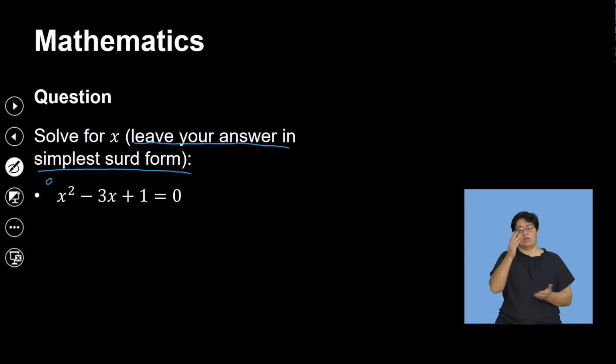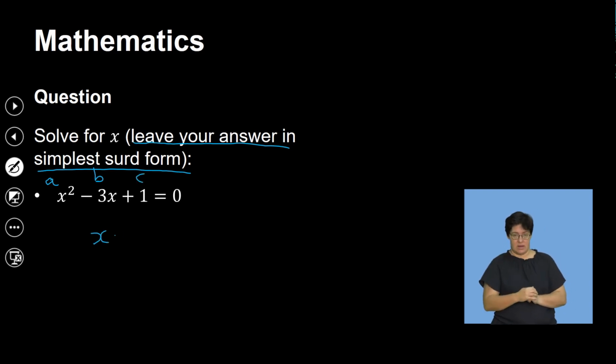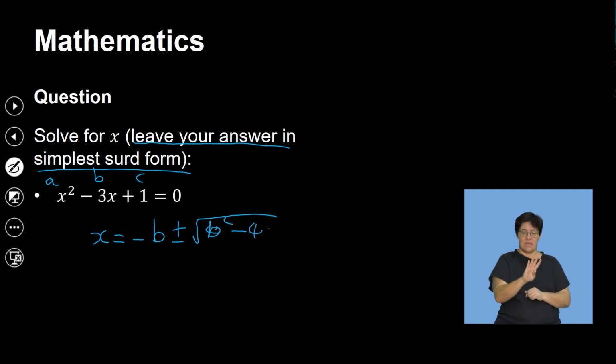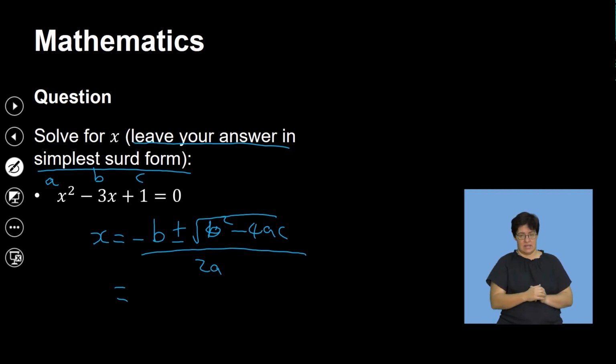So firstly, my a value there is 1, my b value there is -3, my c value there is 1. So it will be x equals minus b plus or minus the square root of b squared minus 4ac, all of this divided by 2a. And then you can simplify this.